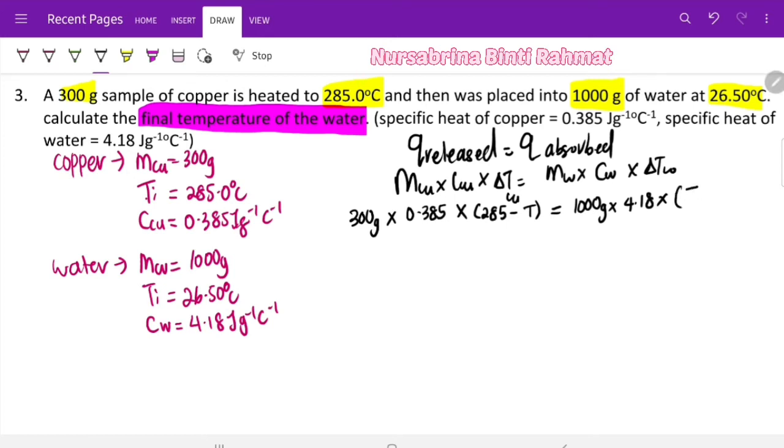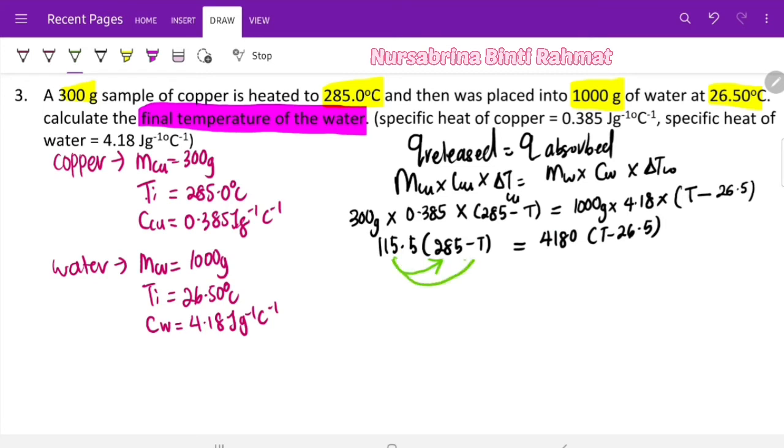Therefore, the final temperature should be minus the initial temperature. Let's expand. So it becomes 115.5 and 4180 times T minus 26.5. That means you have to expand, multiplying this one with both terms, and this one too.